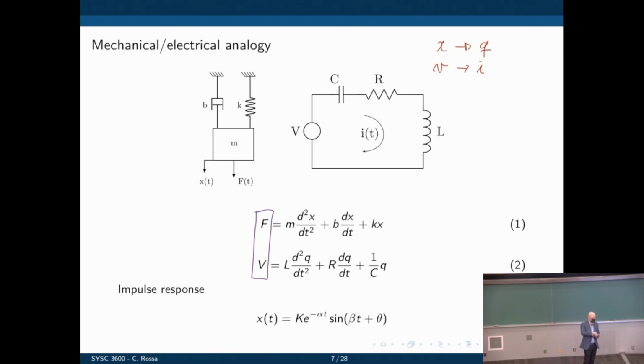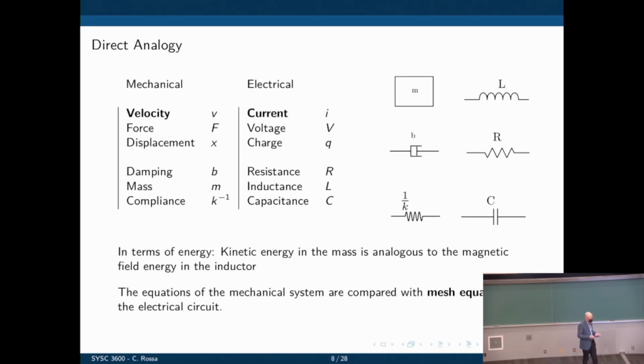So is F in the mechanical system. We apply a voltage to induce a current or a charge, whereas a force induces a position or displacement. Right? So they are also equivalent here. So with this in mind, we can create what we call the direct analogy to convert a mechanical into an electrical system.